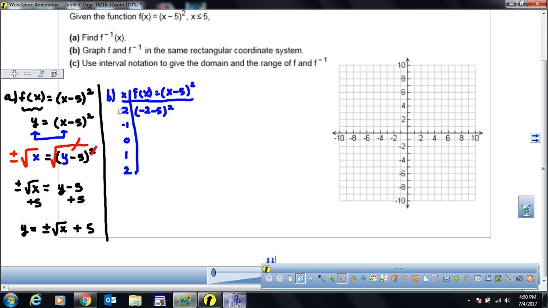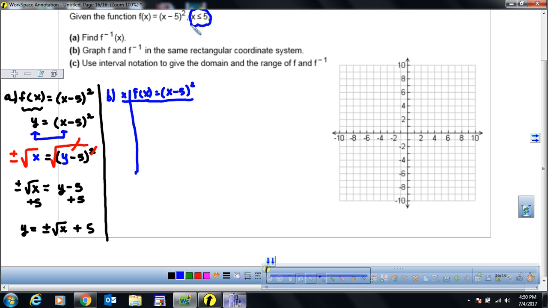I forgot what's called the restriction. We need to make sure we follow that specific restriction. I forgot that. What is the restriction in the domain right here? It tells us that x must be a number that is less than or equal to 5. What does it mean? That the table is going to include 5, 4, 3, 2, 1, 0, and so on.